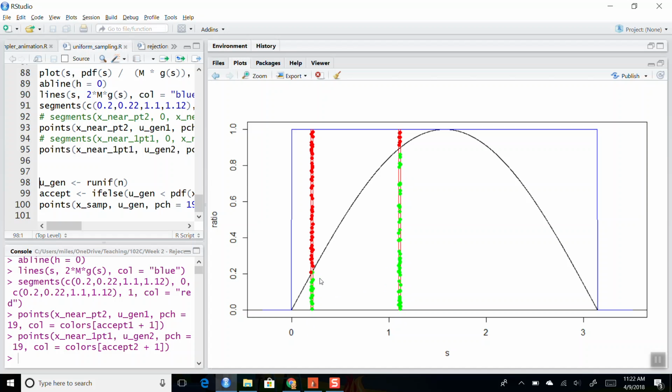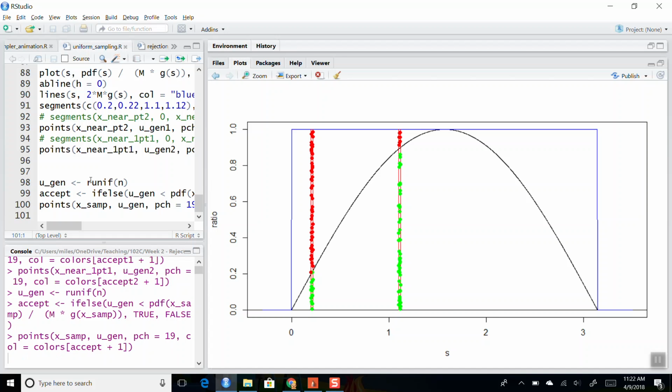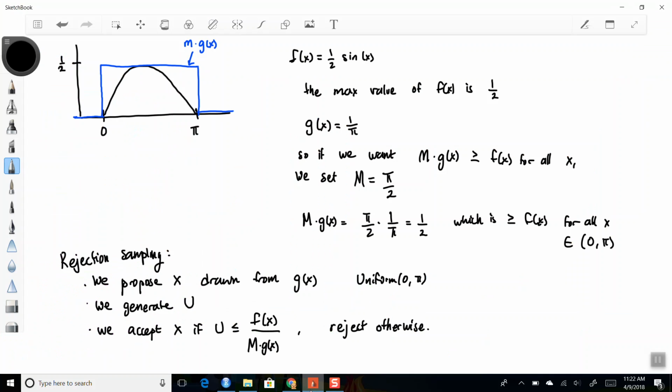Thus the resulting sample will follow the PDF as appropriate, because we're proposing a bunch but not accepting all of them where there are fewer values. If I plot all of our points, it looks like that. So that's the uniform case for rejection sampling.